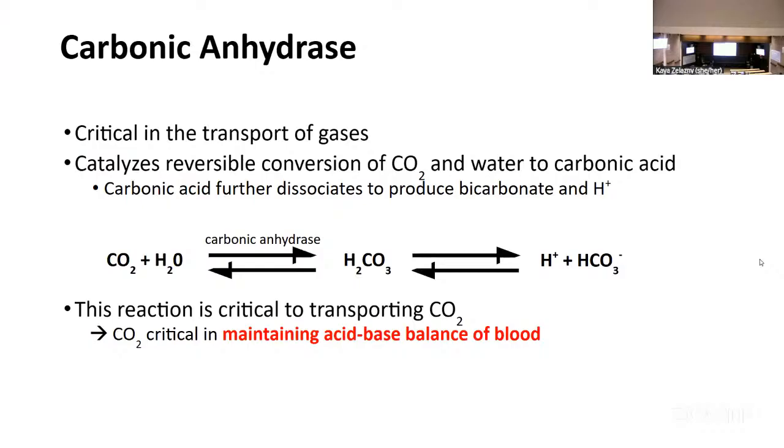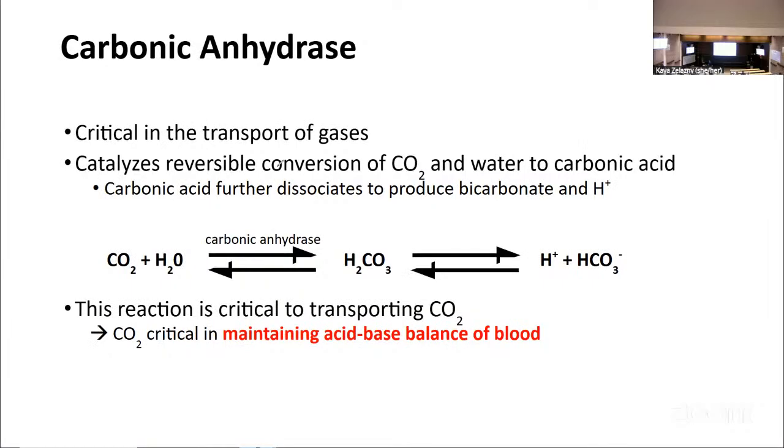Okay. So part of why we can carry carbon dioxide, which we would do some in our red blood cells, is because of this enzyme called carbonic anhydrase. Okay. So we're going to think here about that acid aspect of carbon dioxide.